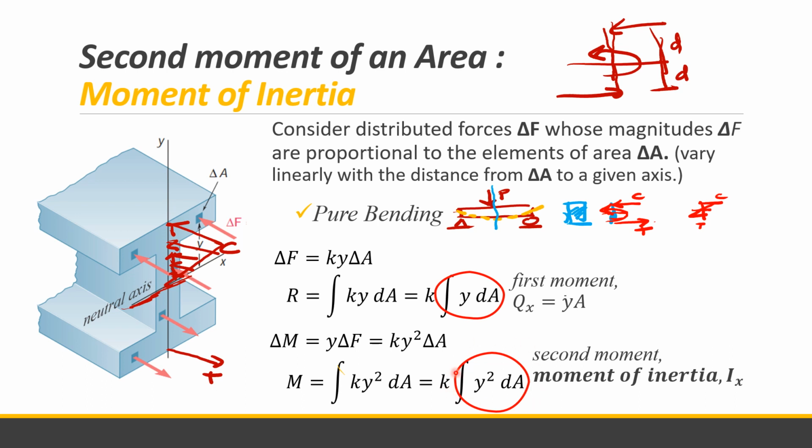So the value will always be positive, no, kasi y squared. So that is how you determine yung second moment, or yung moment of inertia, the integral of the y squared multiplied by the area.